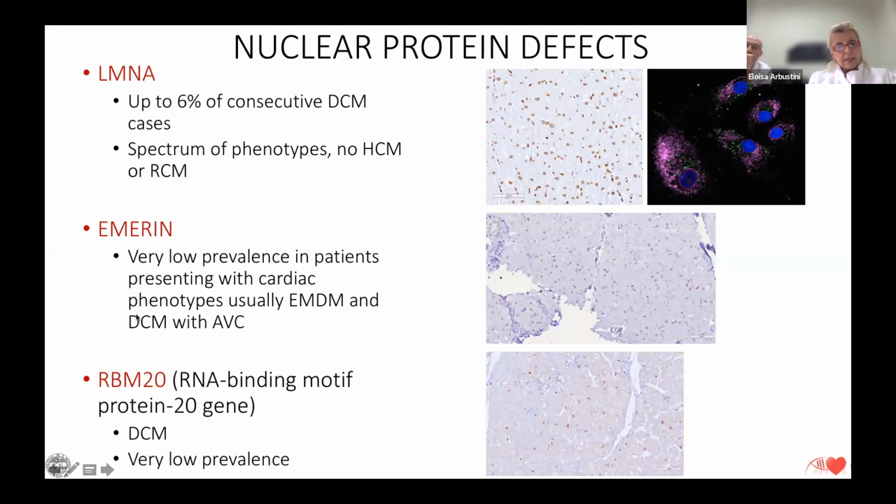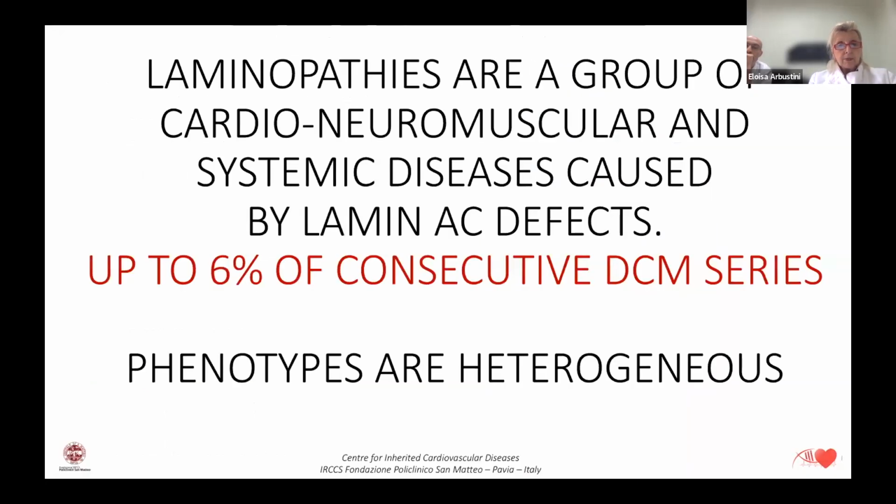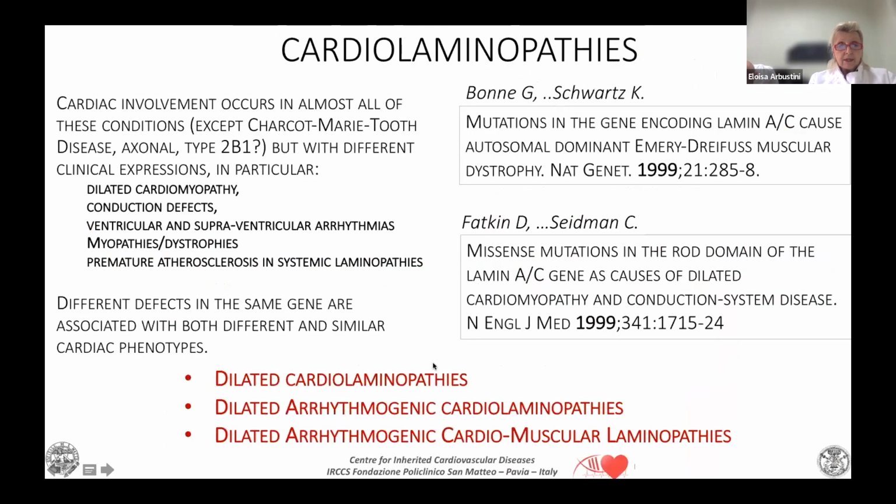Lamin is definitely the most important in our clinical practice, because laminopathies are a group of cardioneuromuscular and systemic diseases caused by defects in these genes, and the phenotypes are heterogeneous.